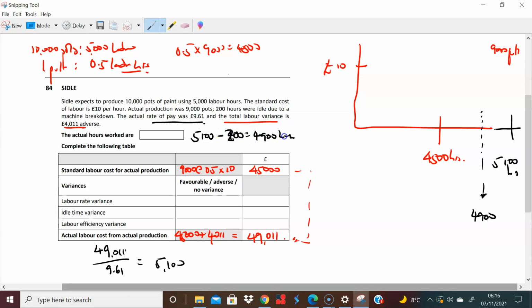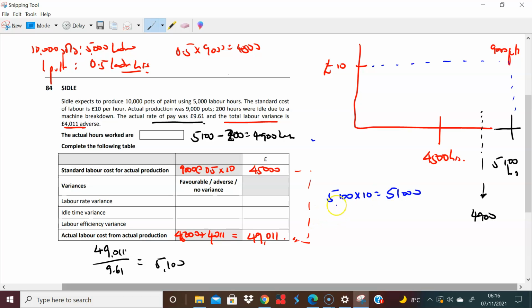Yes, that's what actually happened. The labor rate variance that I've highlighted several times is based on actual hours paid for in the end, because that's what actually happened. So you should have paid £10 on each of those hours. That should have been 5,100 times 10, which is equal to 51,000.